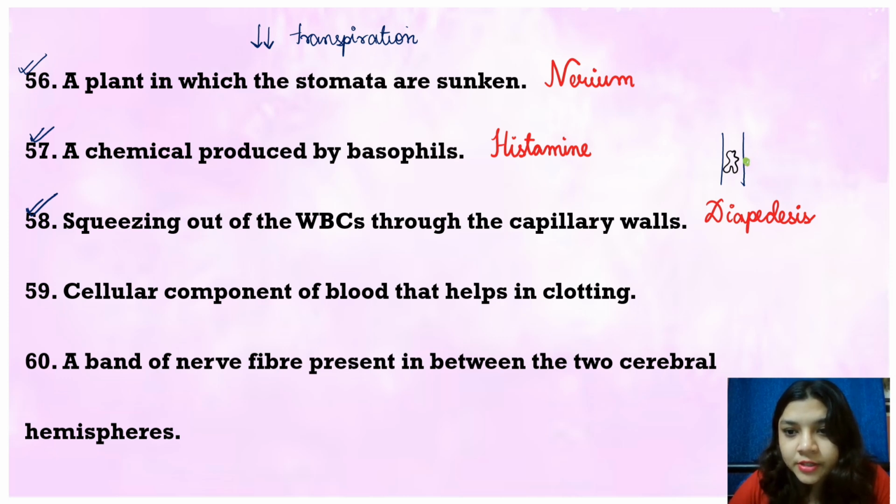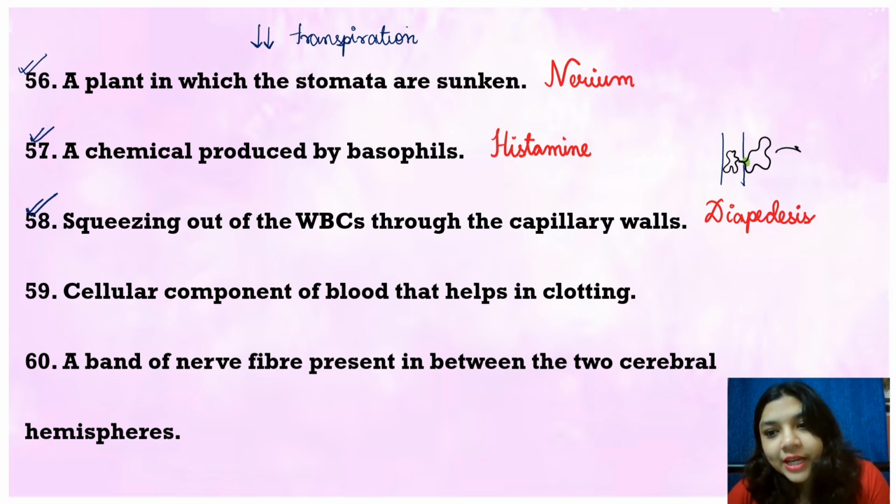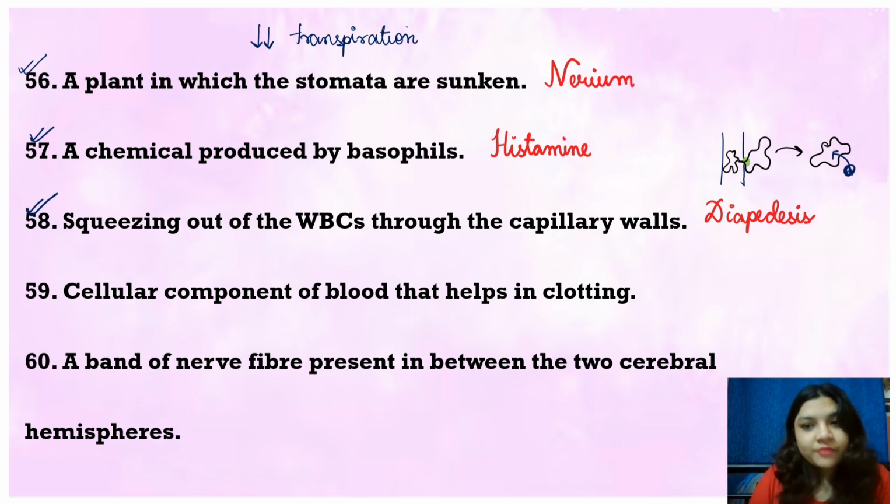Say just for instance here there's a very minute opening in the wall of the capillary. So what is the WBC going to do? They're going to squeeze out of these capillary walls owing to their amoeboid or irregular shape. So they come out of the capillary walls, and wherever they can get hold of bacteria or some foreign particles, they will be phagocytosing those. Phagocytosis will happen.